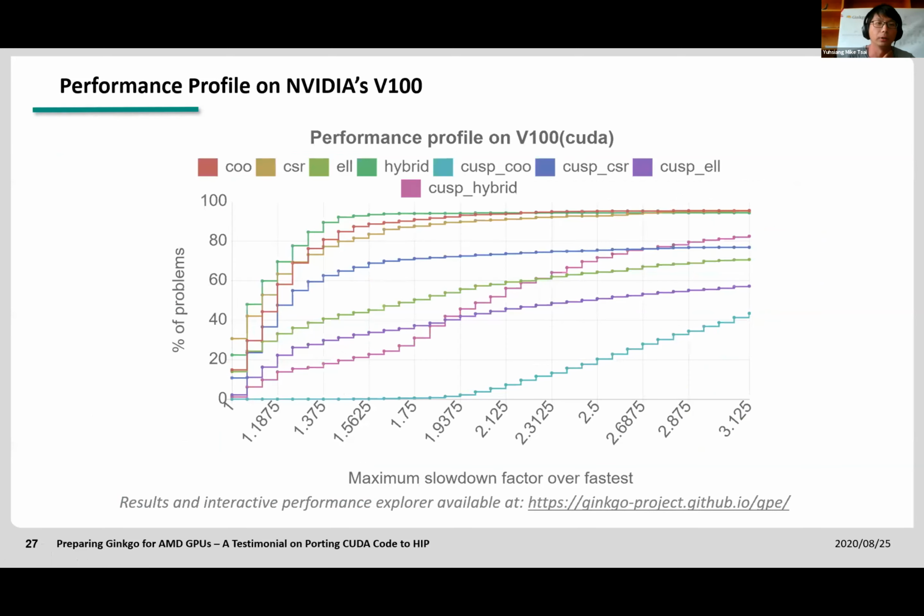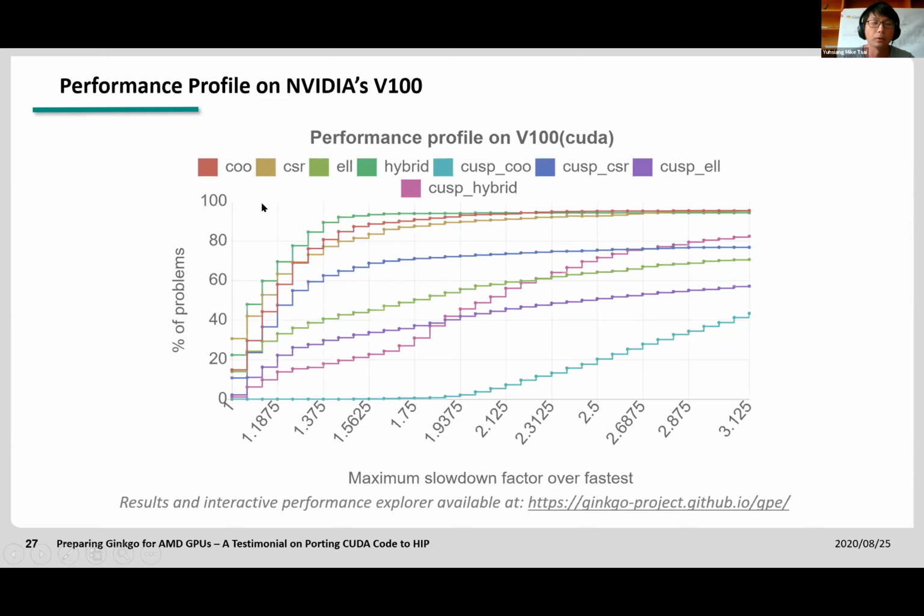We also run the performance profile on NVIDIA V100 with different SpMV. We have COO, CSR, hybrid, and we compare the CUDA sparse implementation. Here we can see our CSR is the best one, where we take all matrices from SuiteSparse which contain non-zeros larger than 10,000.